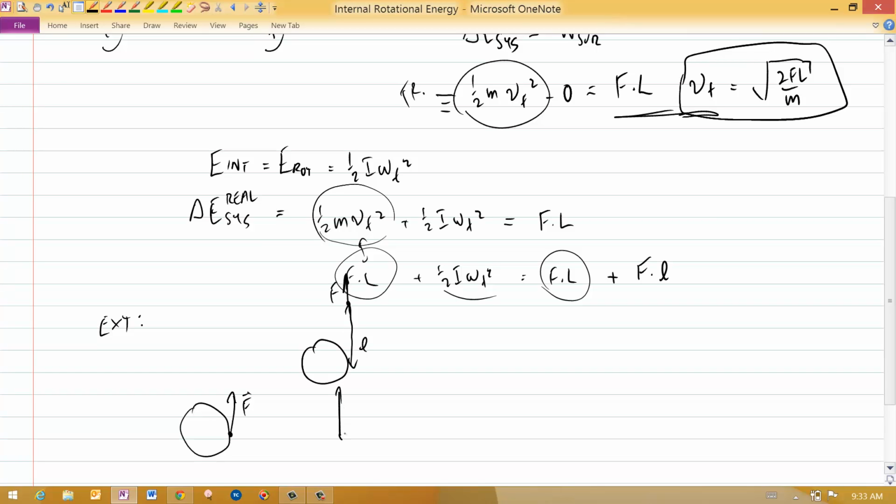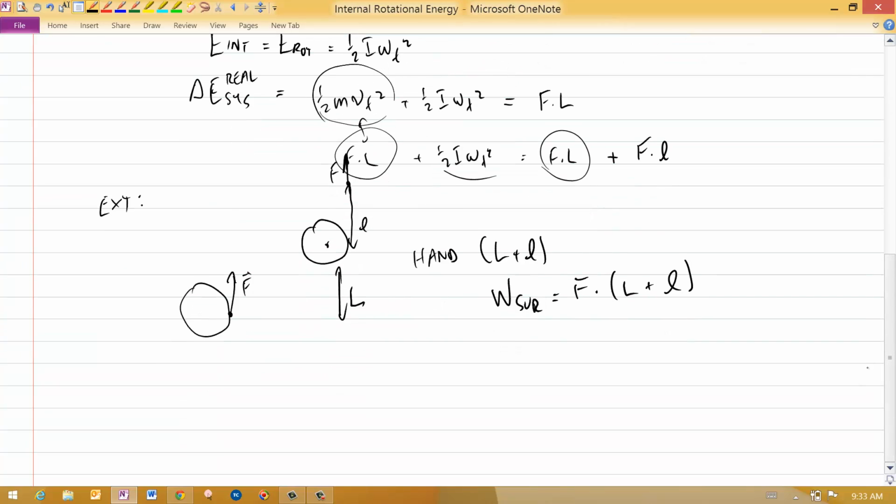I've moved a distance capital L, that's the center distance, but my hand has moved a distance L plus little l. So the total work from the surroundings is equal to my force times how far the center of mass moved plus how much the string has unwound.